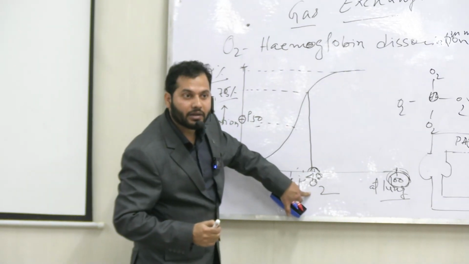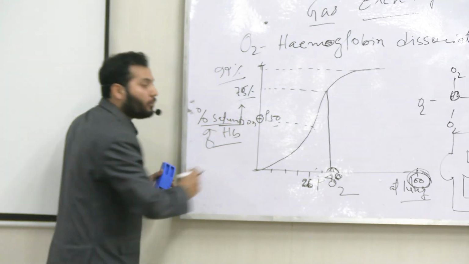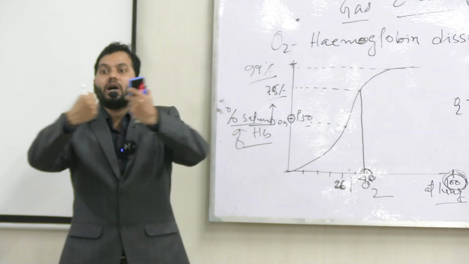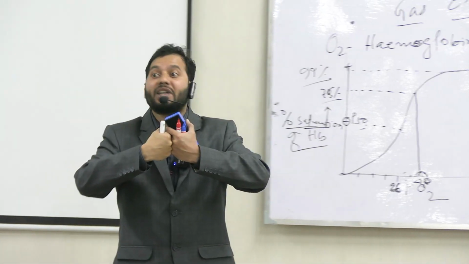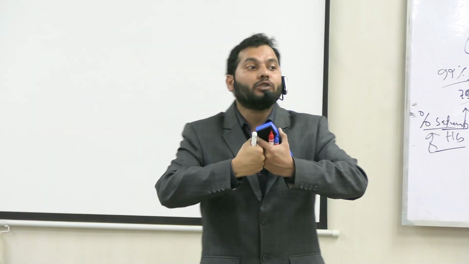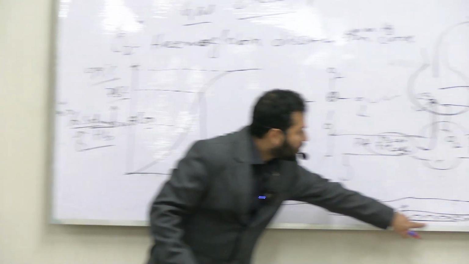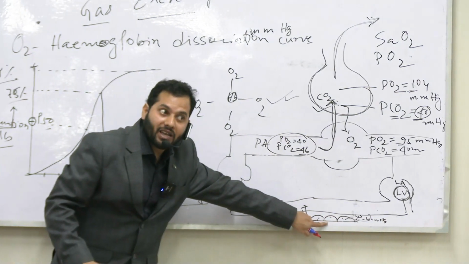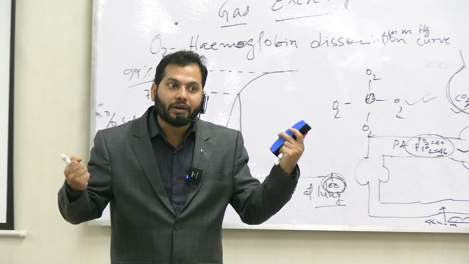Here, this percent saturation of hemoglobin denotes the percentage of oxygen binding with hemoglobin. But to get the oxygen, a particular cell needs the oxygen molecule to dissociate from hemoglobin.